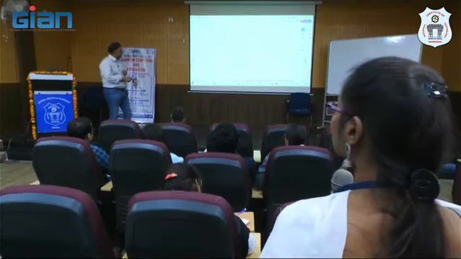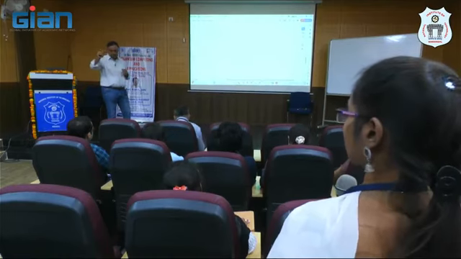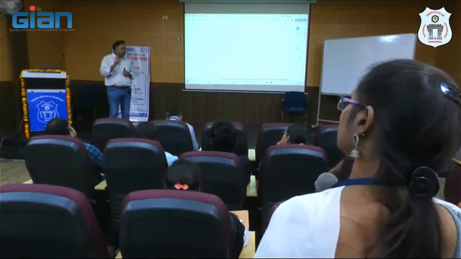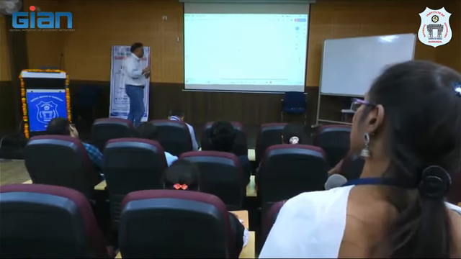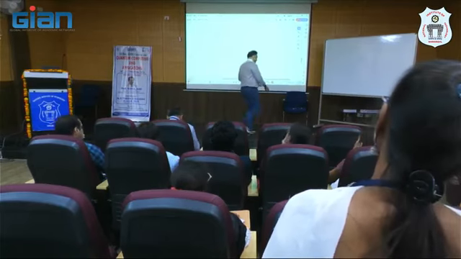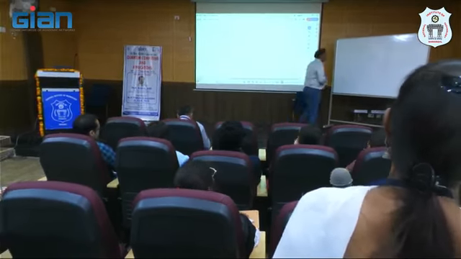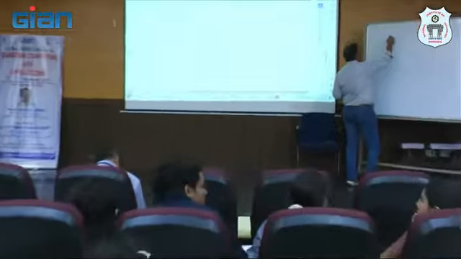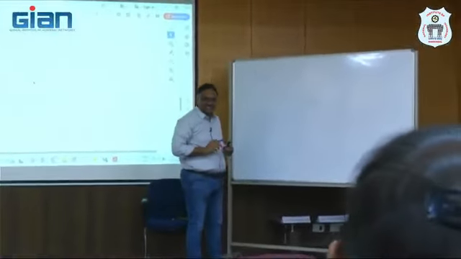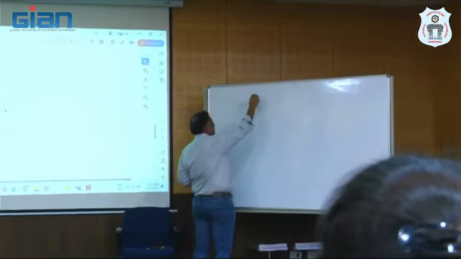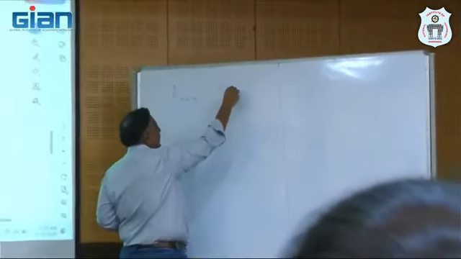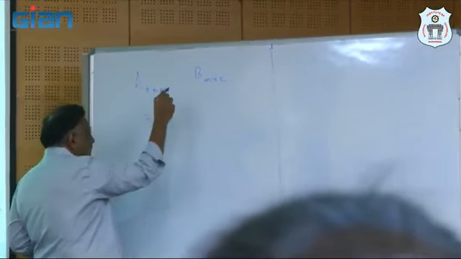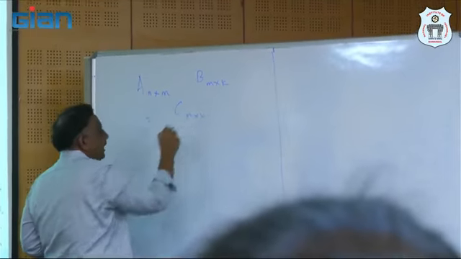If you take a row vector and multiply with a column, remember, for a matrix, if you multiply an n cross m matrix with an m cross k matrix, you get n cross k. Agree?